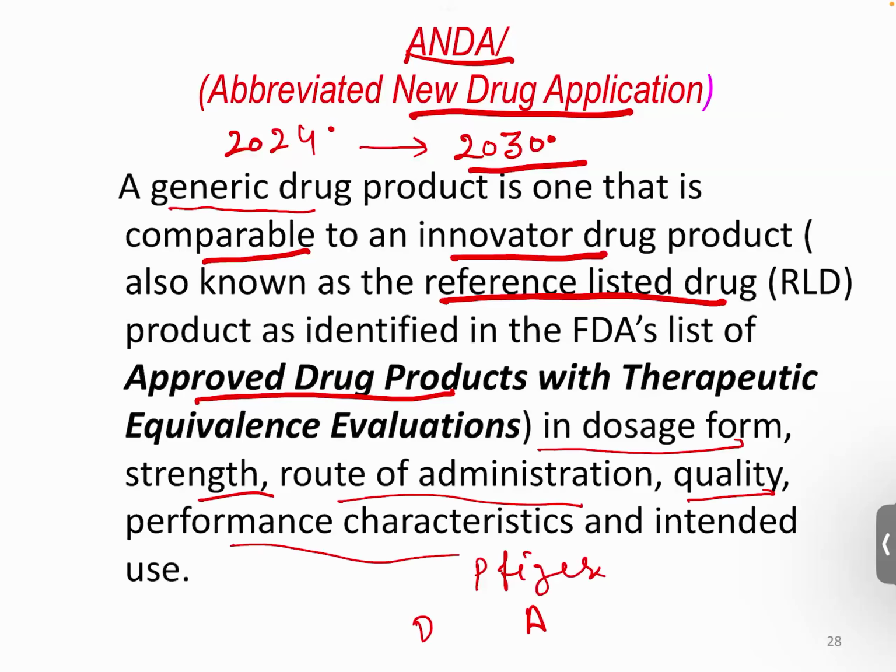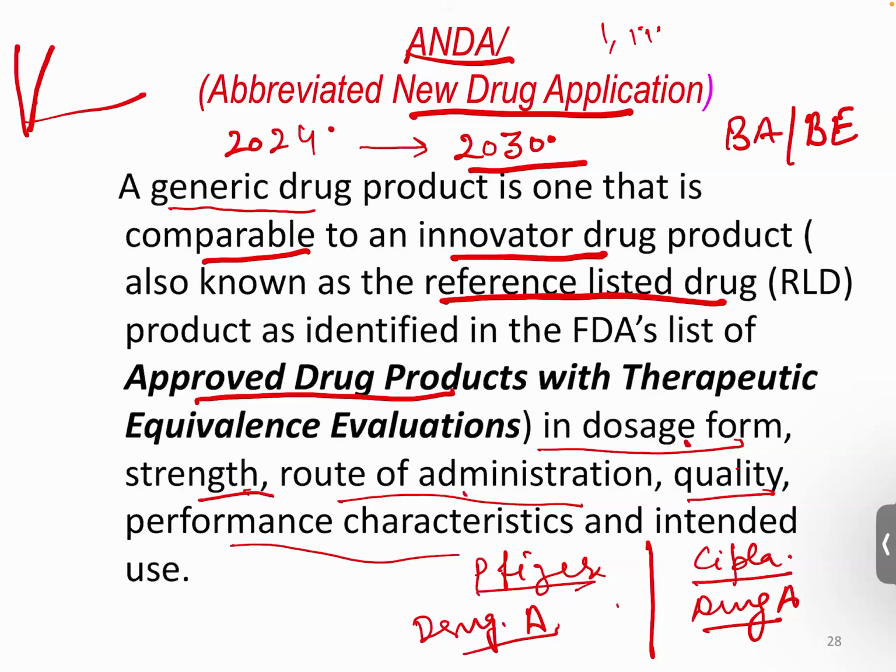No. They just need to do one experiment, also known as BA studies, where they have to show that the Cipla drug is the same as the Pfizer drug in everything: dose, strength, route, quality, performance. So if this is the graph of the Pfizer drug, the Cipla drug also has to have the same graph.